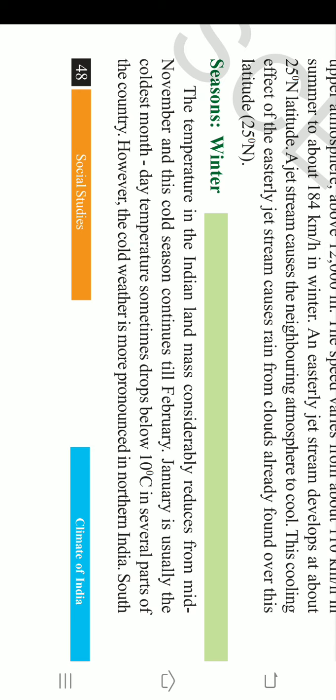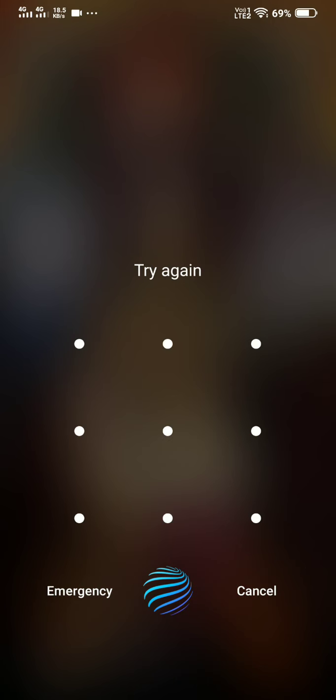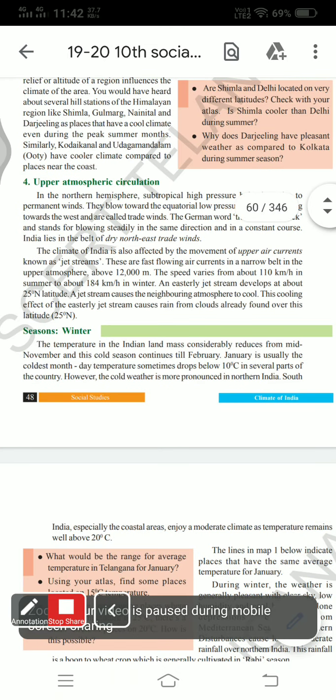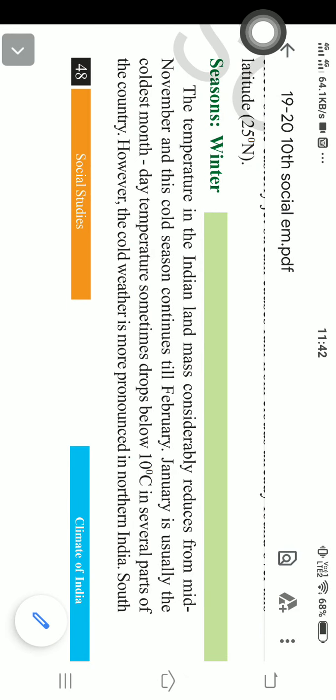Moving to southern India, the coastal area enjoys a moderate climate, and the temperature remains above 20 degrees Celsius.